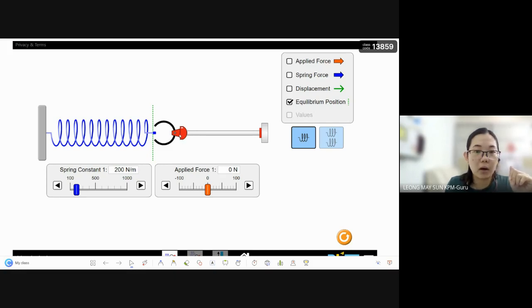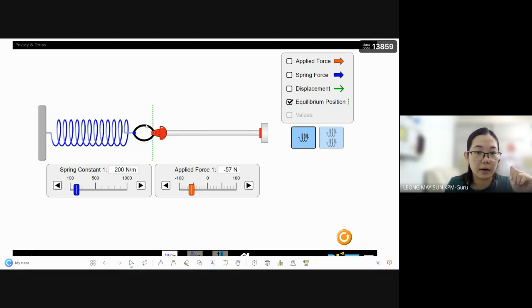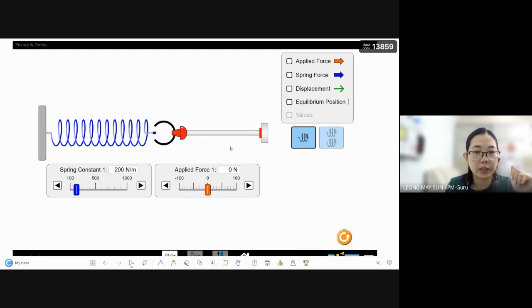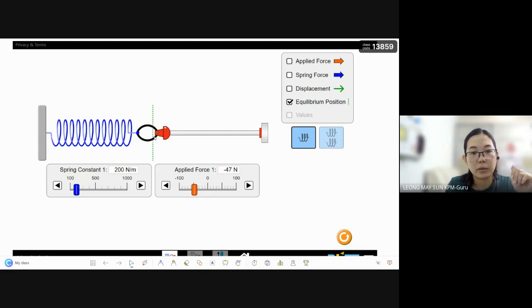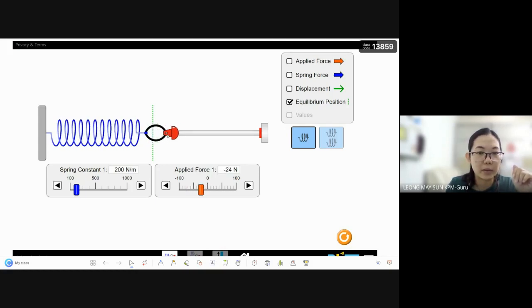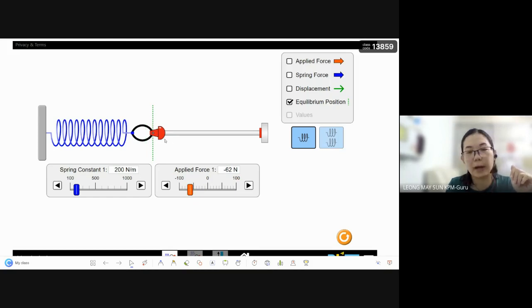When I compress this particular spring, and then when I let it go, it will actually get back to its original position. Okay, now I understand, this one is not the one that allows me to vibrate up and down.